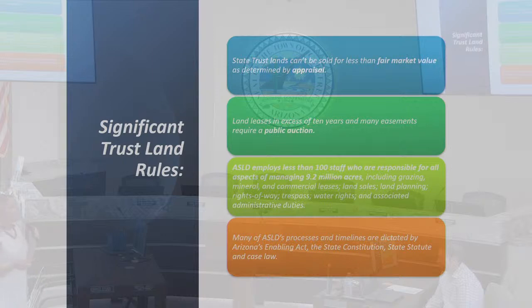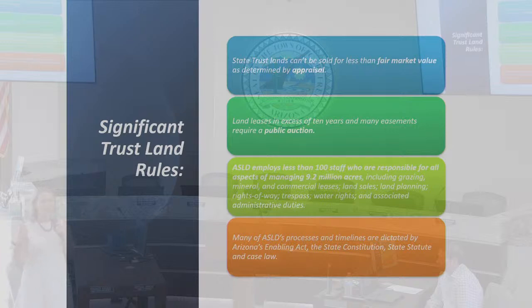Land leases. A lot of how we manage this 9.2 million acres with a staff of 90 people is by grazing and agricultural leases, in a lot of cases in rural Arizona. It's checkerboarded a lot in rural Arizona, so our ranchers have larger private holdings that are intermingled with ours, and they're paying a lease to us for grazing or farming that land, and that lease revenue goes directly as annual revenue to the beneficiaries.